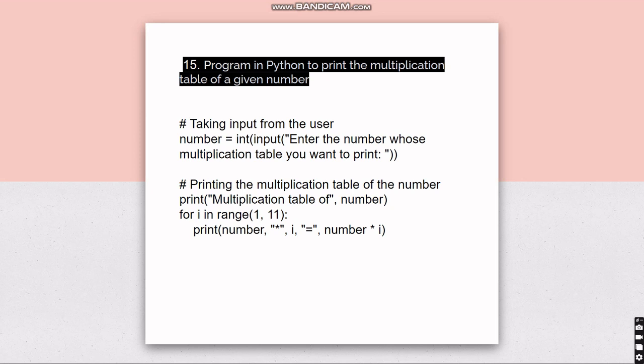Number equals int, input, enter the number whose multiplication table you want to print. Hash printing the multiplication table of the number. Print, multiplication table of, number. For i in range 1, 11: print, number, *, i, equals, number * i.